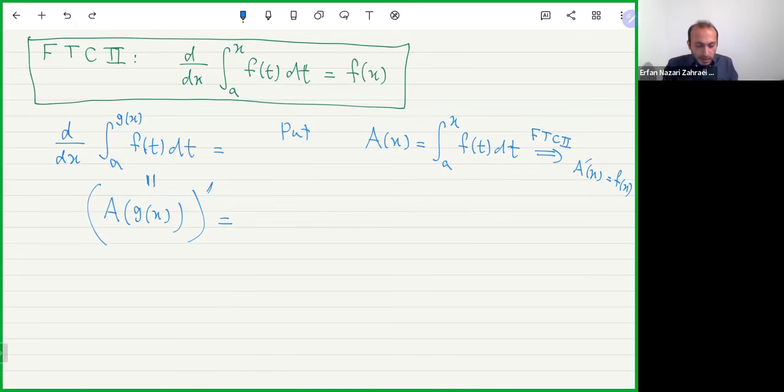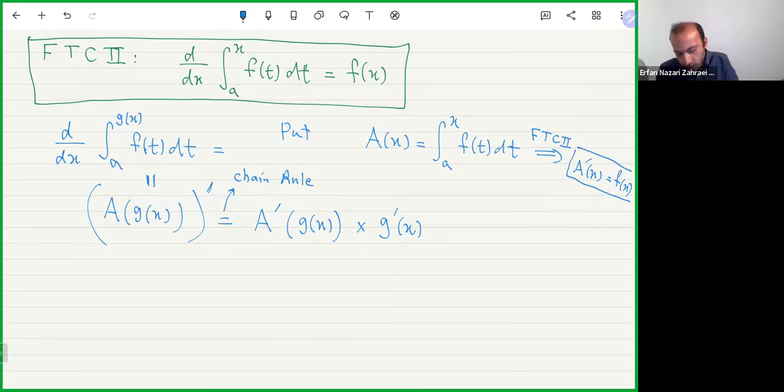So now this is very familiar to you. That's taking the derivative of a composition of two functions. So that's the chain rule. The answer is A prime of g(x), the derivative of the outer function evaluated at the inside, times the derivative of the inner function. But what is A prime? It's this, by the fundamental theorem of calculus part 2.